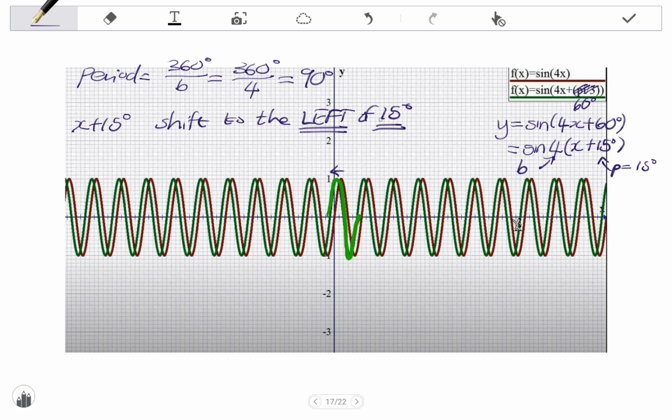Notice that 15 degrees was not what we had originally written in the equation. So if you have a horizontal shift and a period change, it is very important that you factorize out that period change to understand the horizontal shift that has occurred.